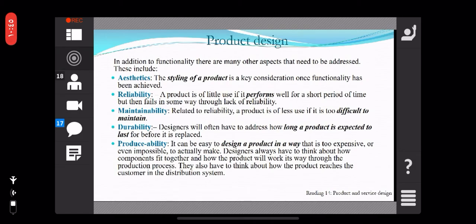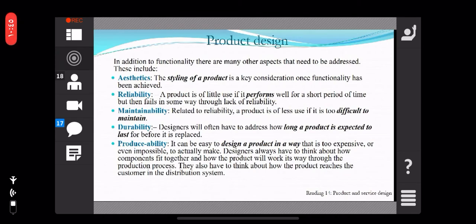Producibility, meaning the ability to produce. It can be easy to design a product in a way that is too expensive or even impossible to actually make. Designers always have to think about how components fit together and how the product will work its way through the production process. They also have to think about how the product reaches the customers in the distribution system.